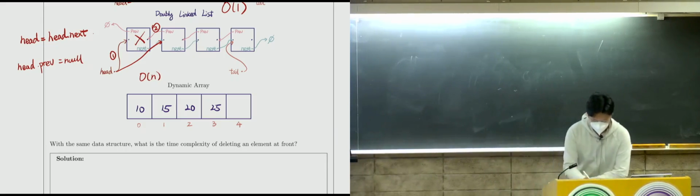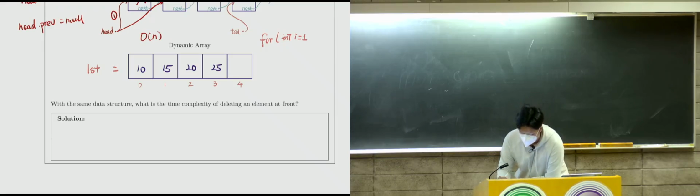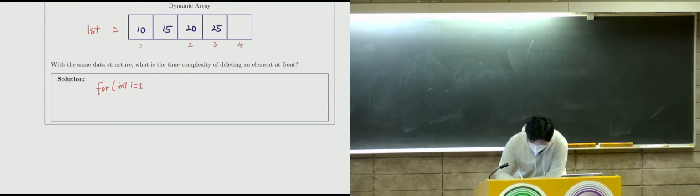The for loop essentially is, let's say this is a list. It's for int i equals 1, because we are starting from the first element, and then i smaller than the list length, and i plus plus.